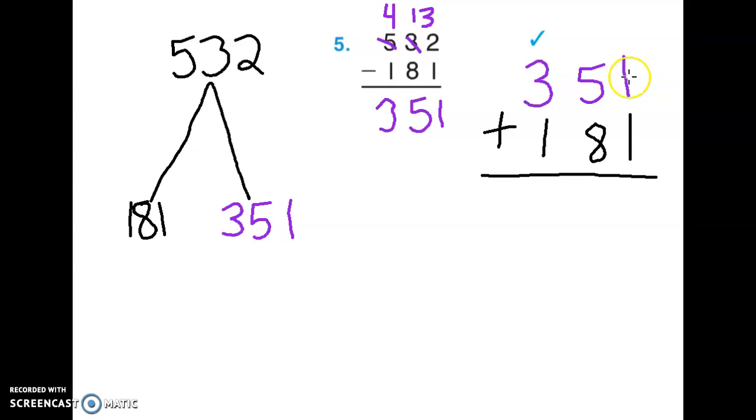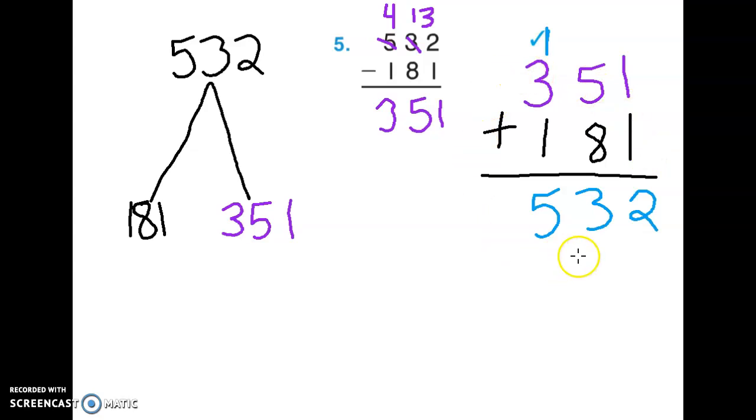So let's start with our ones. 1 plus 1 equals 2. 5 plus 8, see 8, 9, 10, 11, 12, 13. I'm going to write 3. I'm going to carry my 1 over. 3 plus 1 is 4, plus 1 more is 5. 532. It's the same, which means that my 351 is correct.